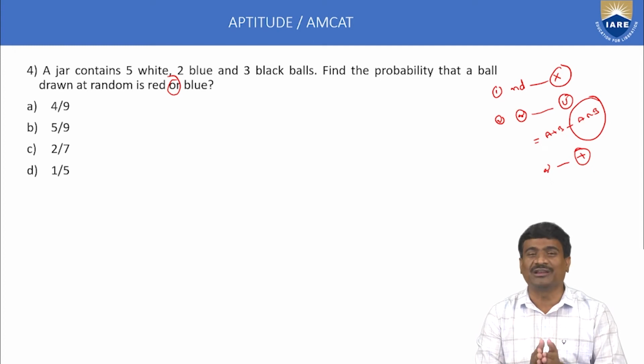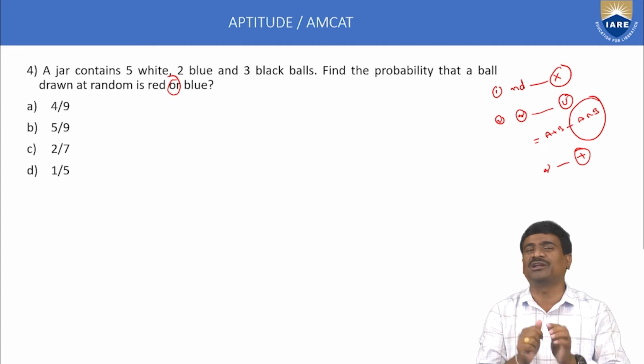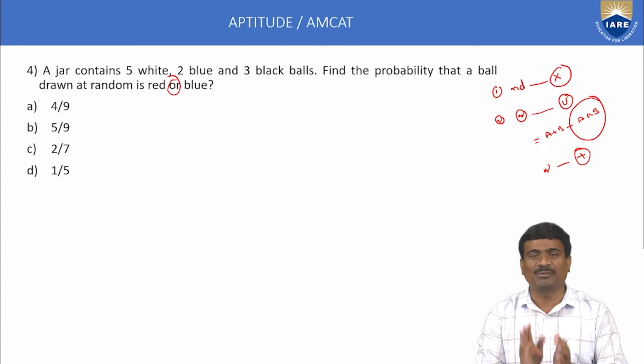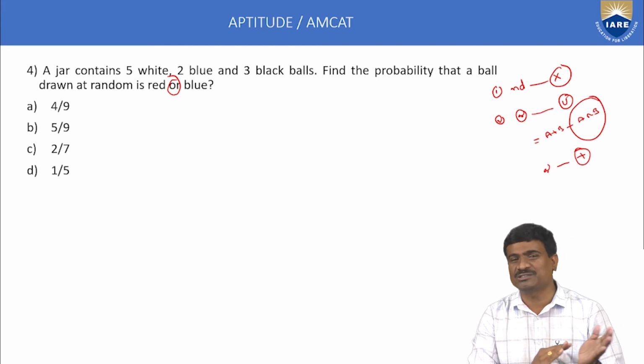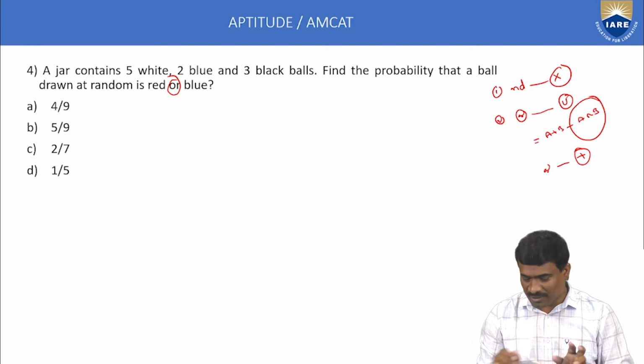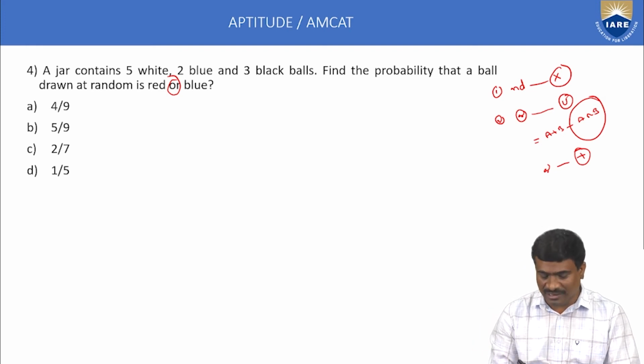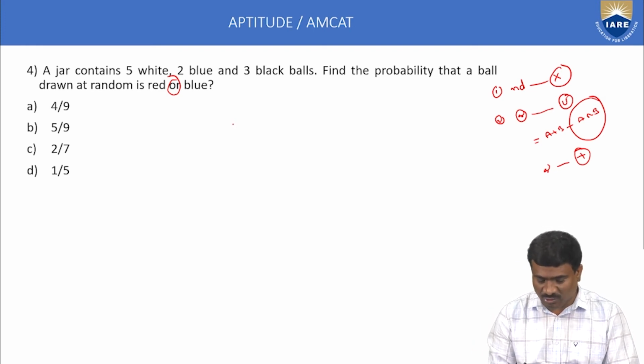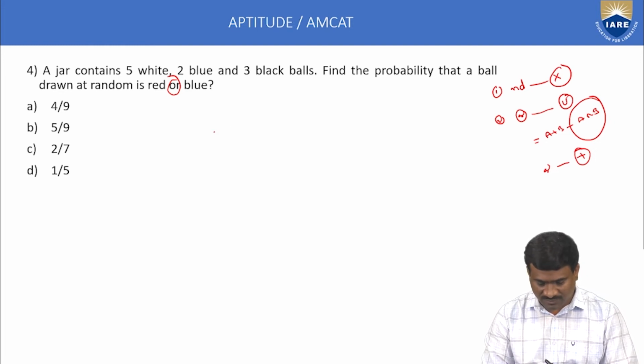OR means union, and that problem is applicable only with union. But this problem is applicable only with addition, because checking the common part of red and blue, there is no common color, so OR indicates the plus operator. Here OR means plus operator, total red, 5.